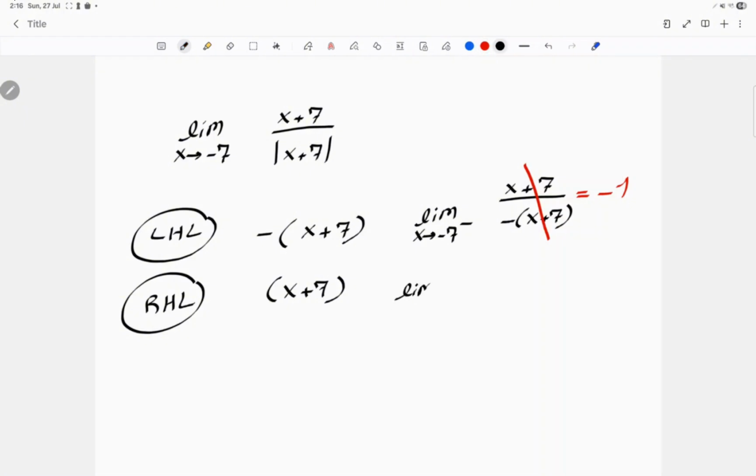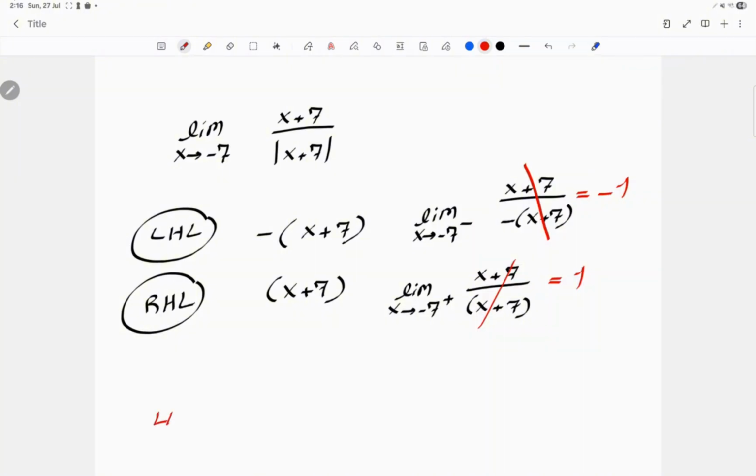The limit when x approaches -7 from the right side will be to replace the bottom of the function with the positive absolute value, which means if you cross them out, you will get a 1. So since those limits are not the same as each other, we have what we call a jump discontinuity.